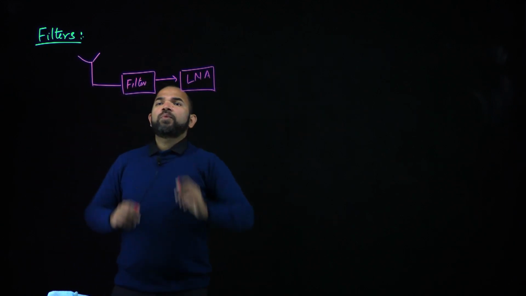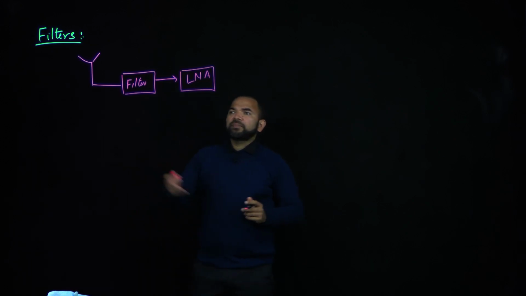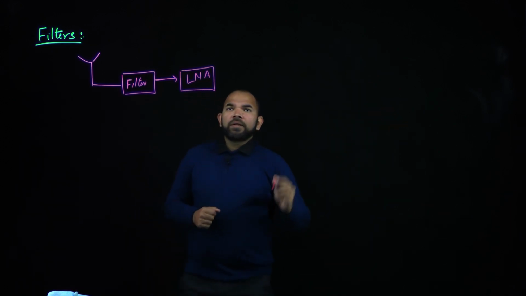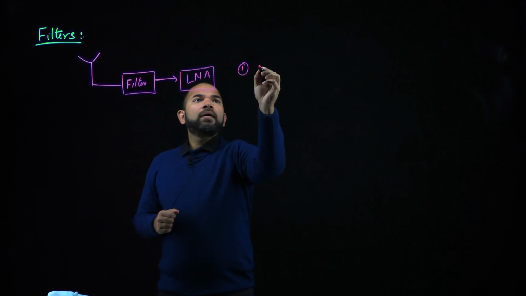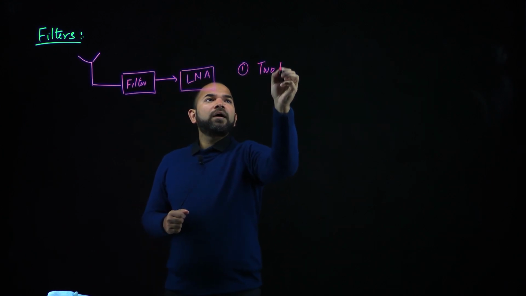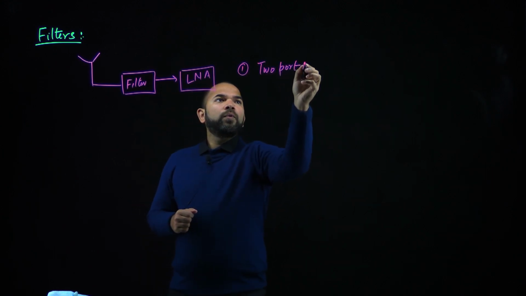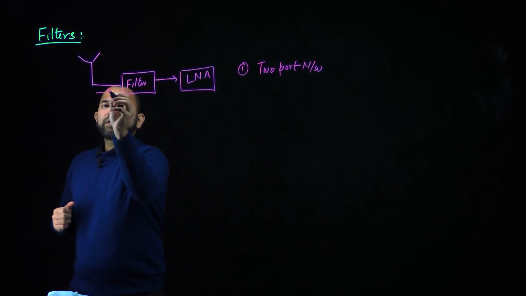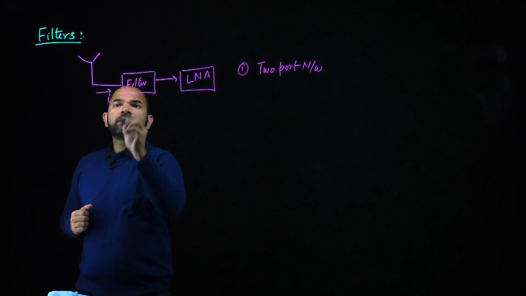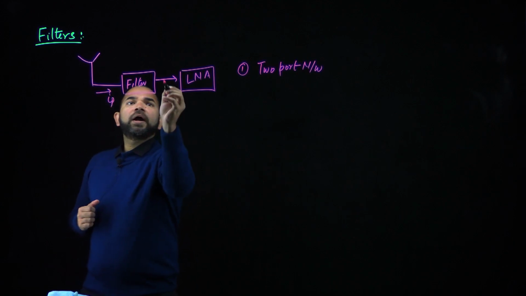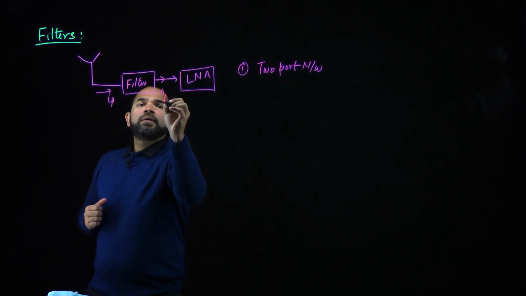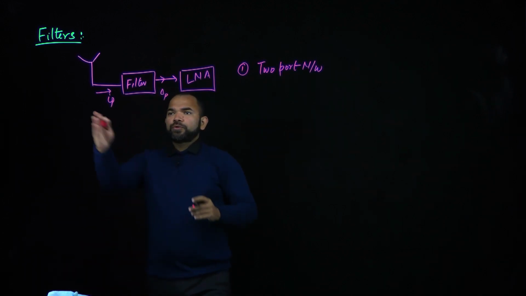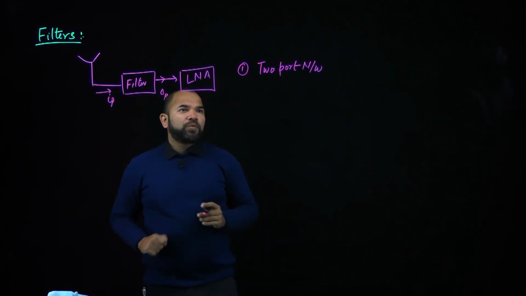By seeing this block diagram, we can say something about the filter. Number one, it is a two-port network, because it is taking signal from the input port and giving output at the output port.